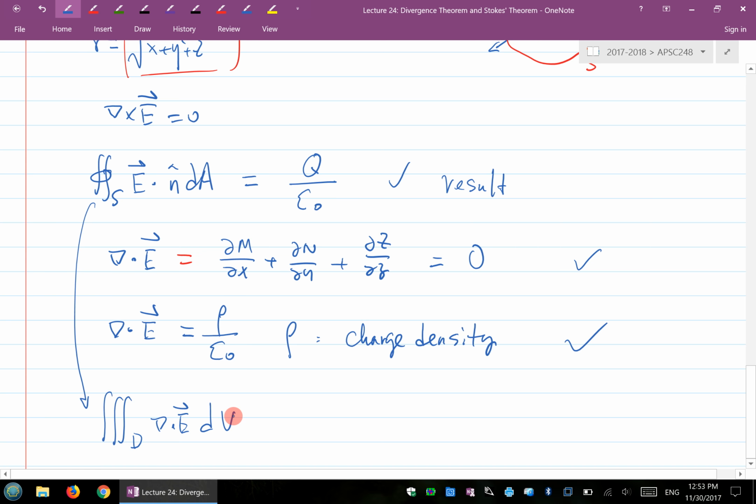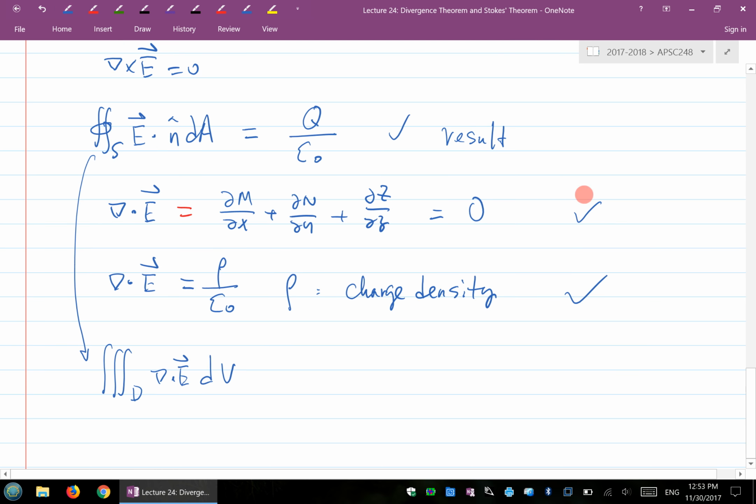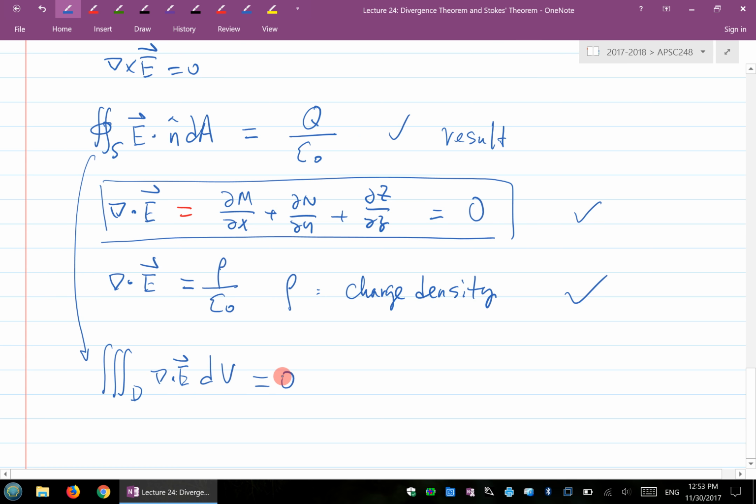That makes sense, right? That's your divergence theorem. But based on the calculation, del dot E is 0, so this thing is 0. It's a conflict, isn't it?